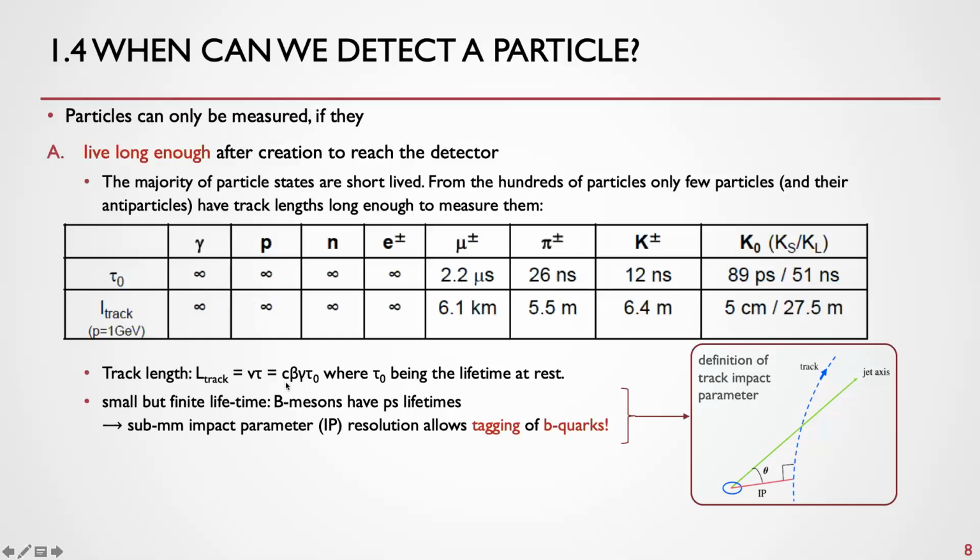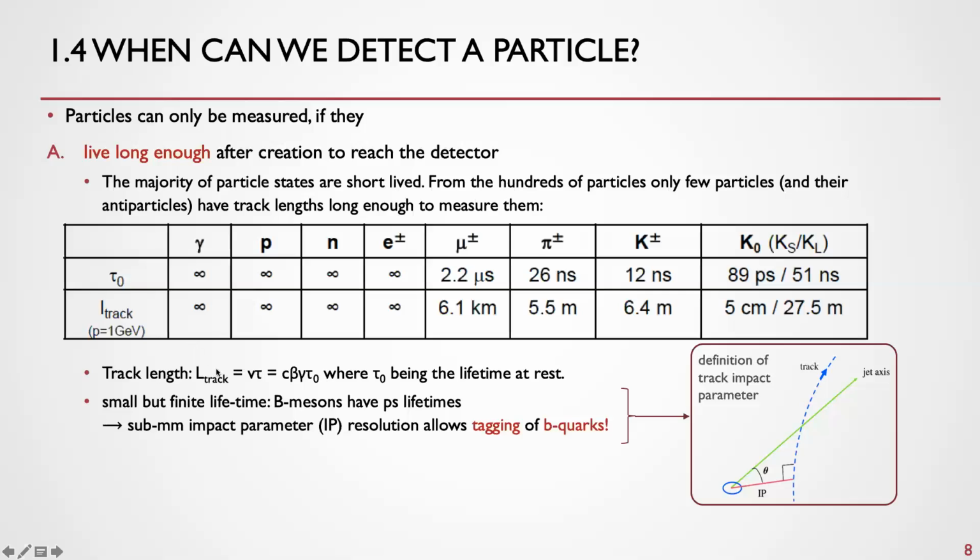The speed, we write as c times beta relativistically, and the lifetime is gamma times tau zero, where tau zero is the lifetime of the particle at rest, or is measured by a clock that travels along with the particle. So we have a relativistic factor gamma here. The length of the track is c beta gamma tau. I think it's easy to remember.